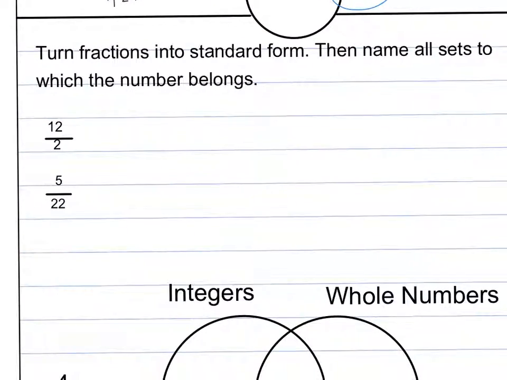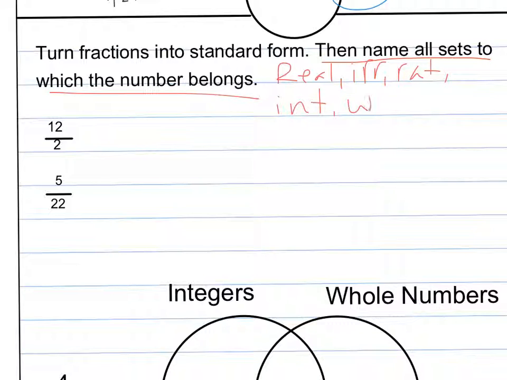Turn fractions into standard form, so just number form, then name all the sets to which it belongs. That's what I was talking about. Name all the sets to which a number belongs. That means we want to start at the top. We want to say starting at real, and then deciding if it's irrational, rational, is it an integer, whole number, and a natural number.